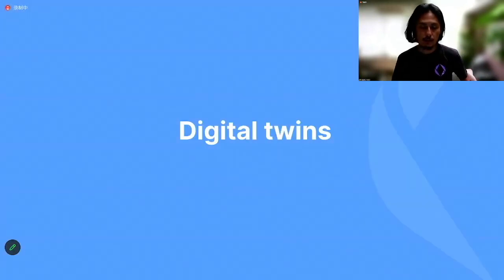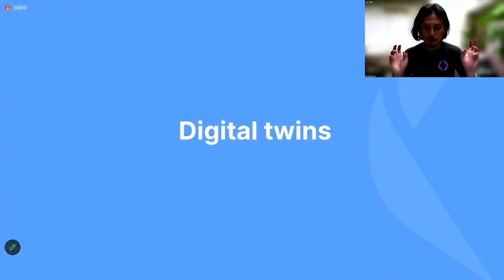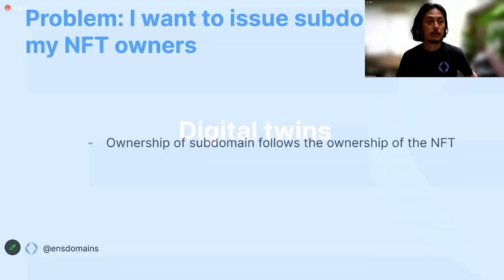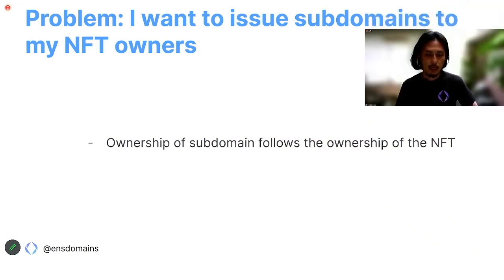The second variant, I kind of coined the term, I call digital twins. This is a specific use case that we received a couple of requests for. We already have an ENS collection, NFT collections, and we want to assign subnames attached to that NFT ownership, so ownership of the subdomain follows ownership of the NFT.